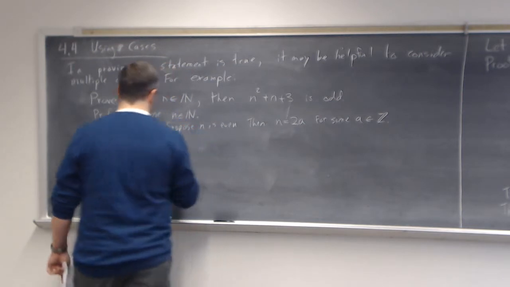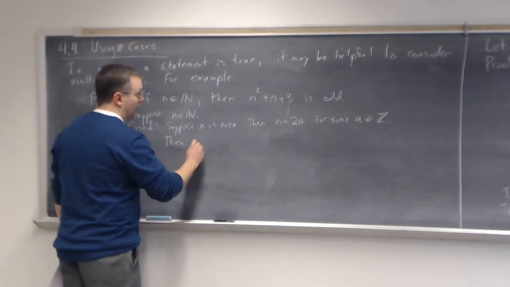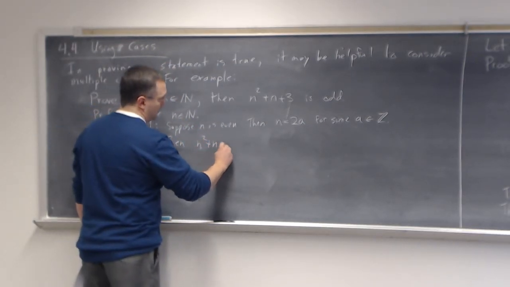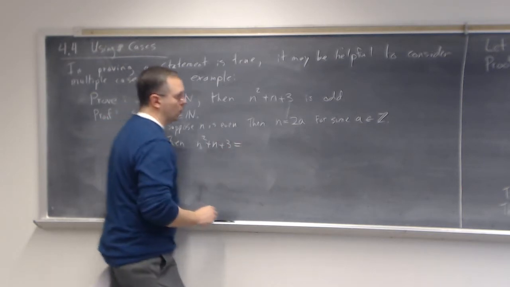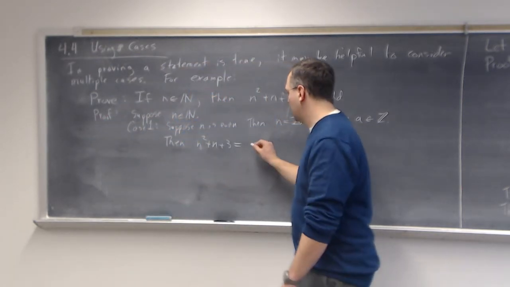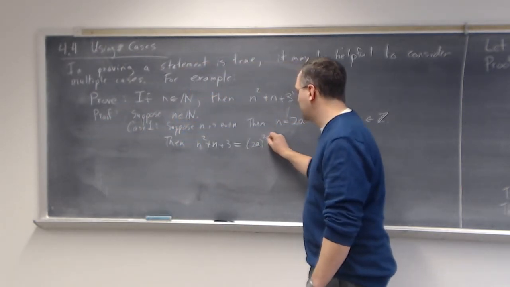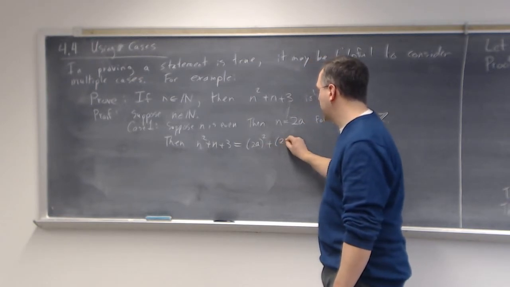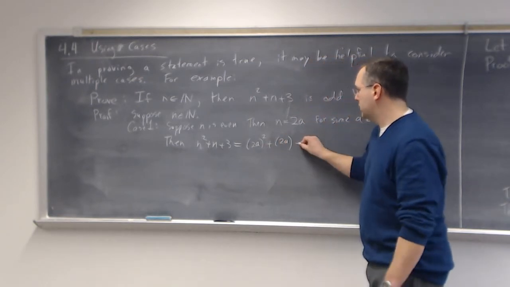So I'll say something like this. Then n squared plus n plus 3 equals, by substitution, 2a, the quantity squared, plus the quantity 2a plus 3.